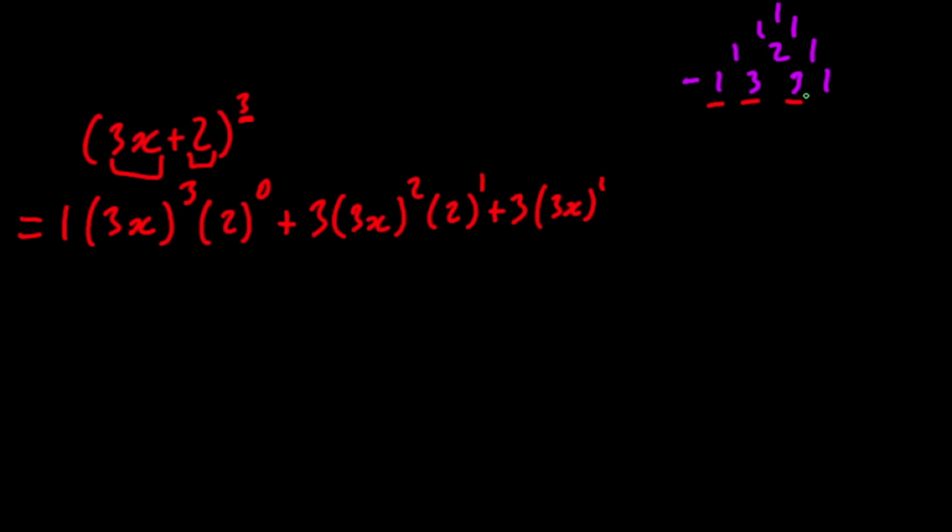Okay, so I just adjusted the placements so that we have more space. So 3x power of 1, and then we have into 2 power of 1 plus 1, which is 2. And then plus, finally we have the 1 into 3x power of 1 minus 1, which is 0, into 2 to the power of 2 plus 1, which is 3.